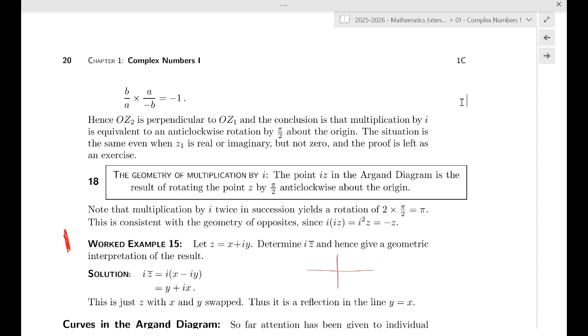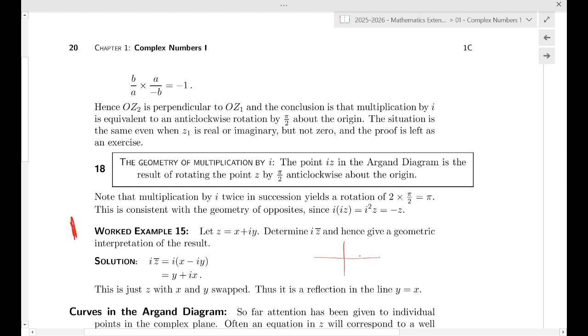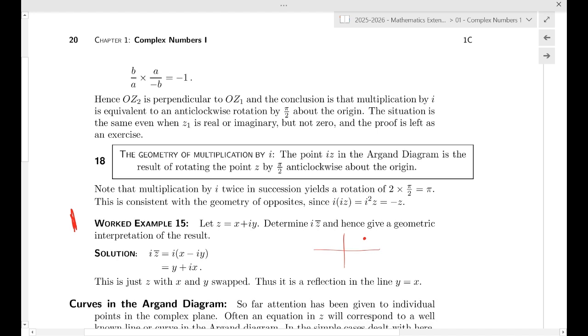All right, so what we've got, like I was saying, it is sometimes easy or helpful to give yourself a geometric interpretation. So you have a look and see what's done. Now you can see there, this is just Z with X and Y swapped. So we're starting with Z. Even though they've asked us to do I times Z conjugate, they've started with Z. So IY, we're in the positive. So all I'm going to do is put a dot there and go, okay, that's where we're starting.